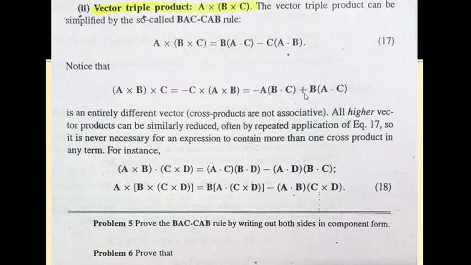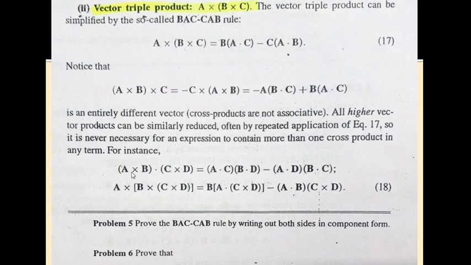So A dot C, then B dot D, that is your first term, minus the product of A and B with C and D. So now you take the product of A dot D and then B dot C. If you look at how we are exactly doing this, the first candidate is multiplying with the first candidate, so A dot C. Then the second candidate of your first bracket with the second candidate, because you have already done the first candidate.